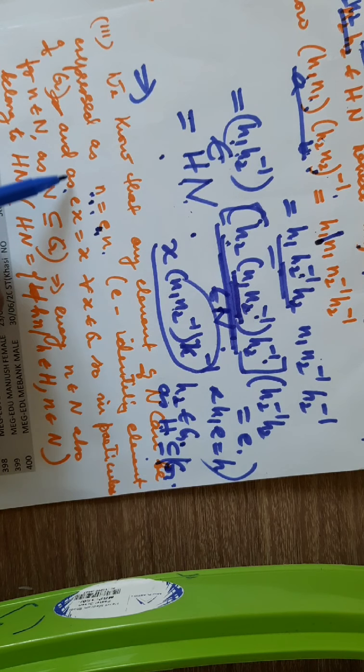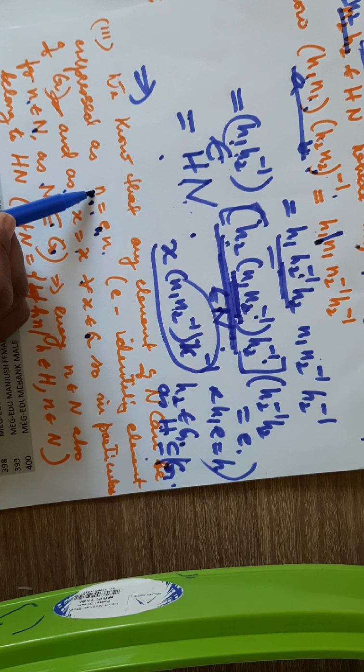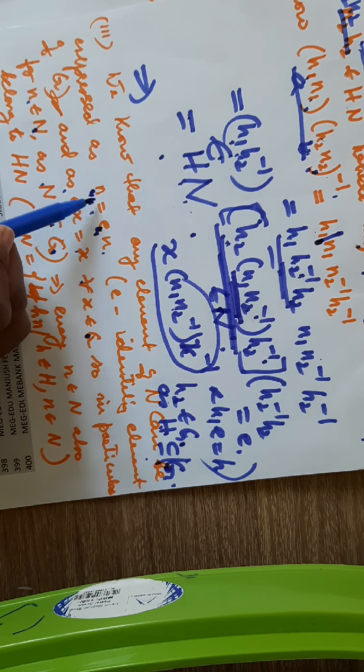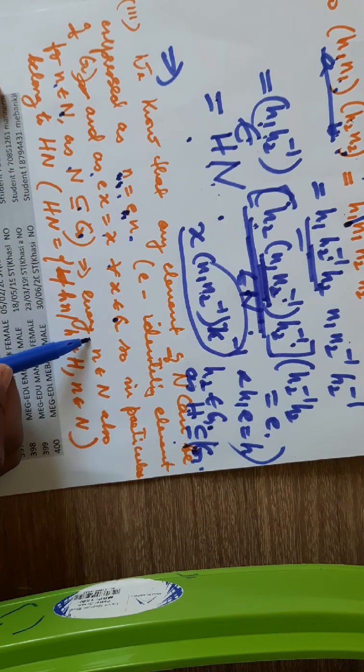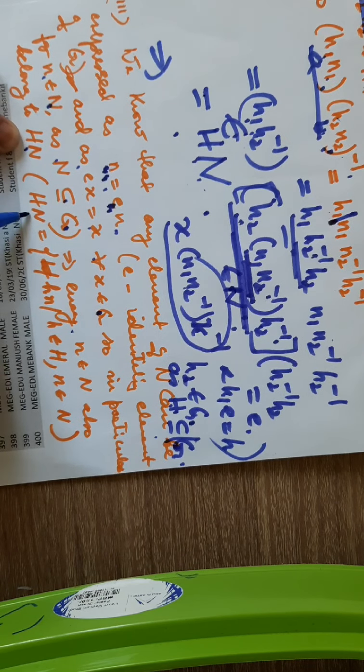And as ex is equal to x for every x belonging to G, in particular for every n belonging to N, as N is a subset of G, we can express every n in N as en. So this implies that every n belonging to N also belongs to HN. What are the elements of HN?